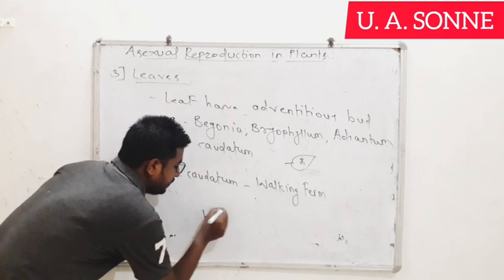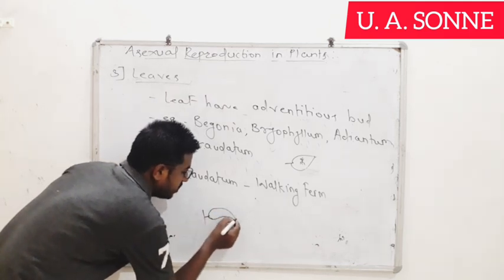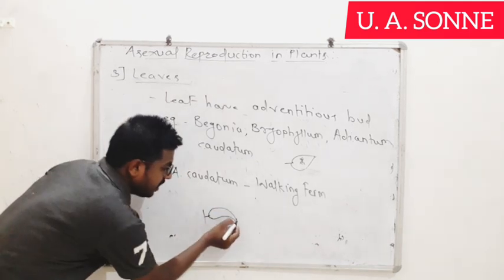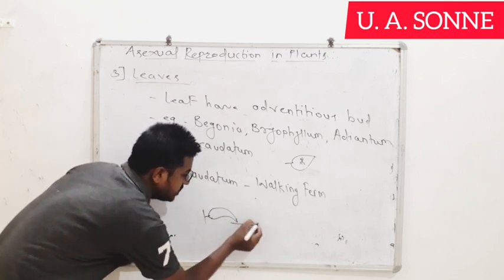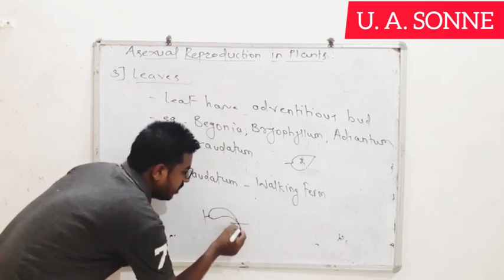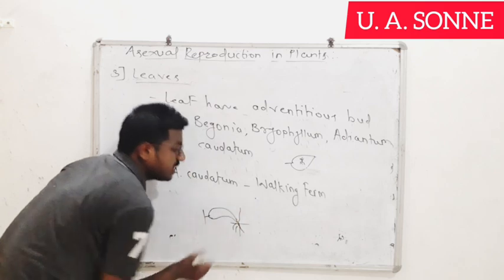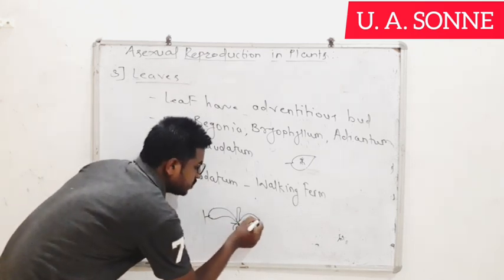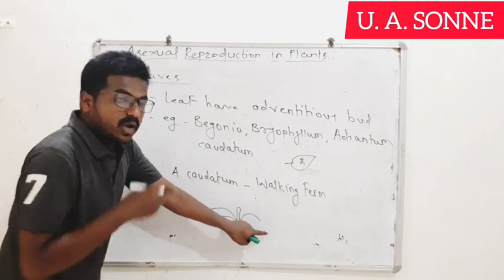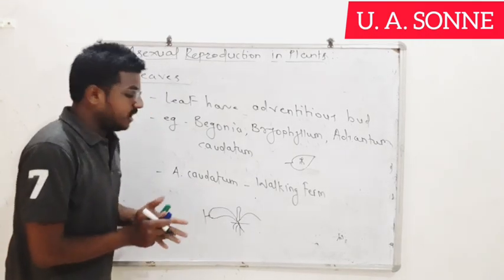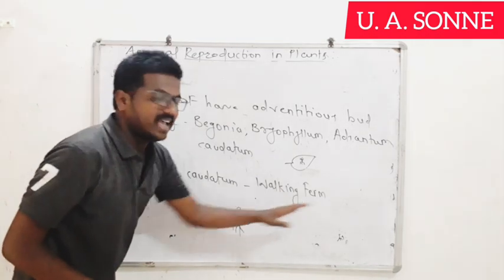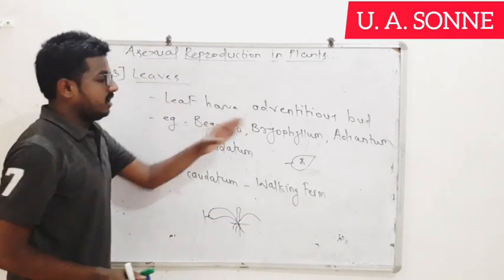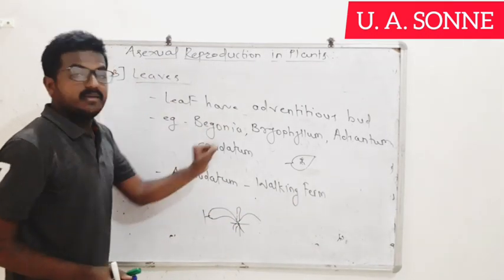Once this leaf touches the soil surface, at the point where it touches the soil surface, it starts developing adventitious roots and then again starts developing into a shoot. And again these leaves, when they touch the soil, will give rise to one more individual, and in this way it starts to walk horizontally, and that's why Adiantum cordatum is called walking fern.